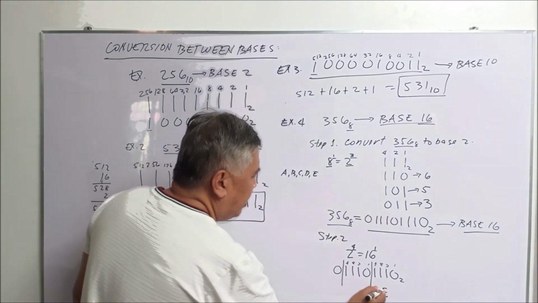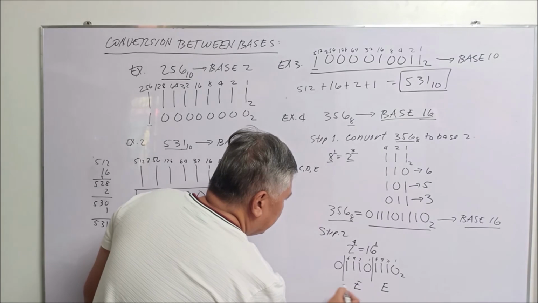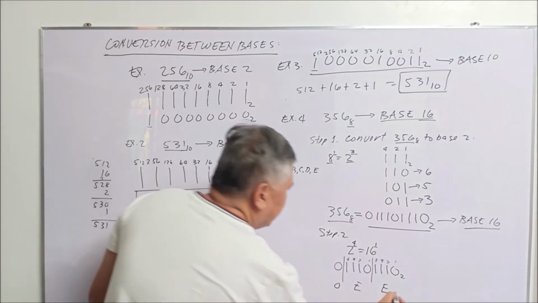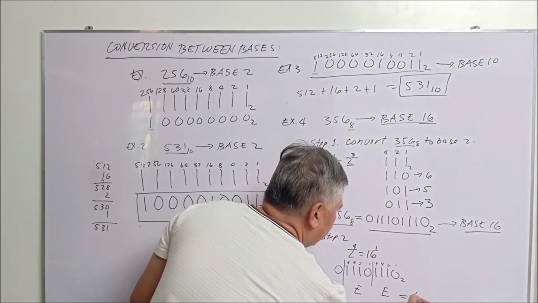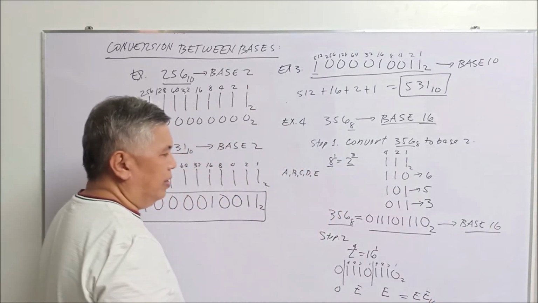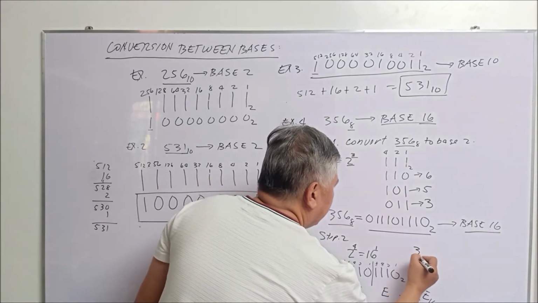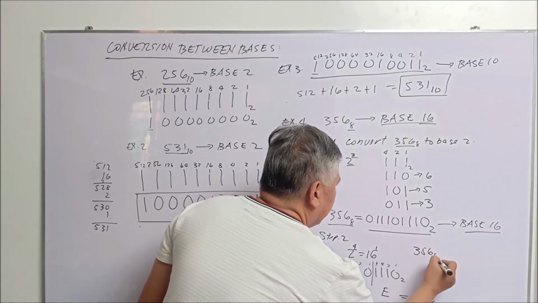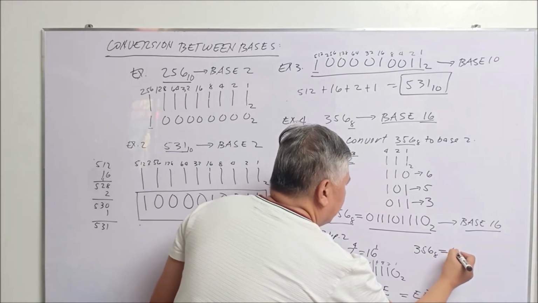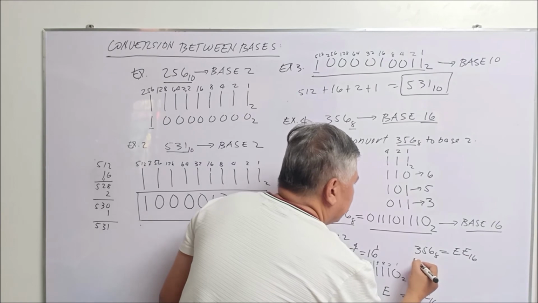So this is E, and then you have the same: E, then you have 0. So the final answer is E of base 16. So we can say that 356 of base 8 is equivalent to E of base 16.